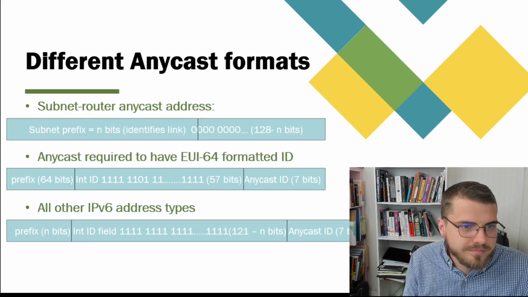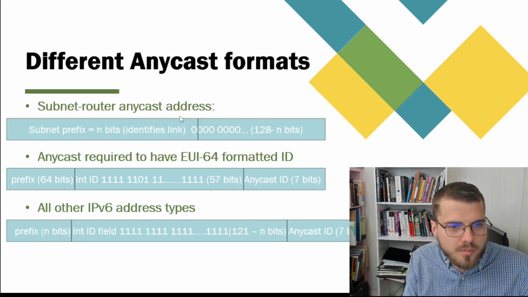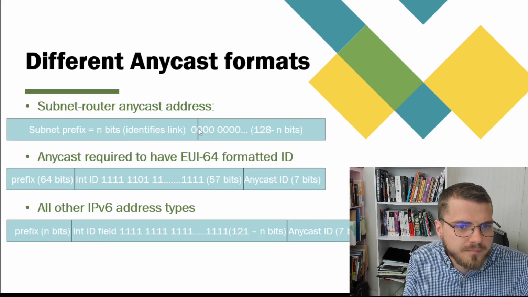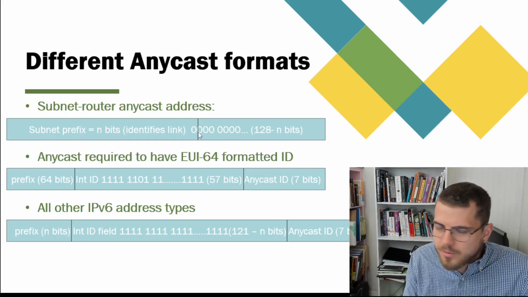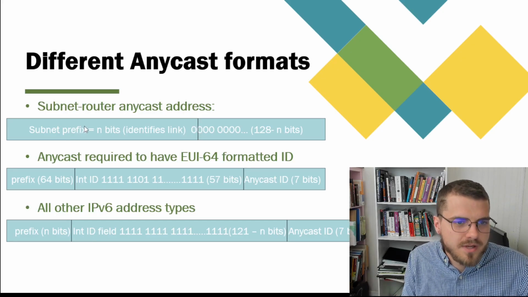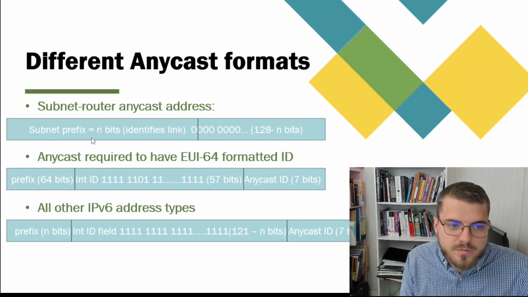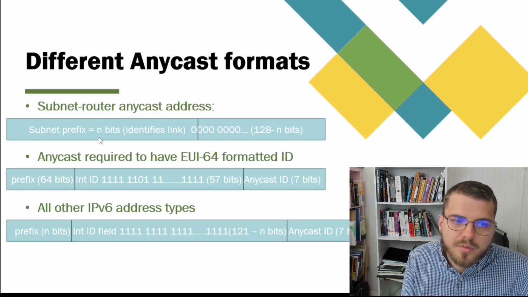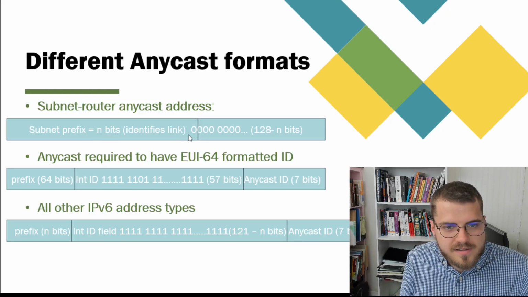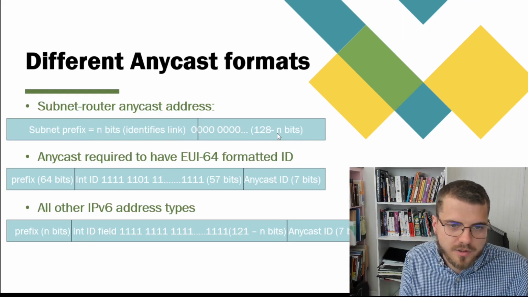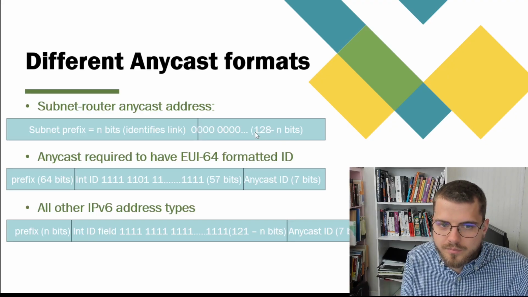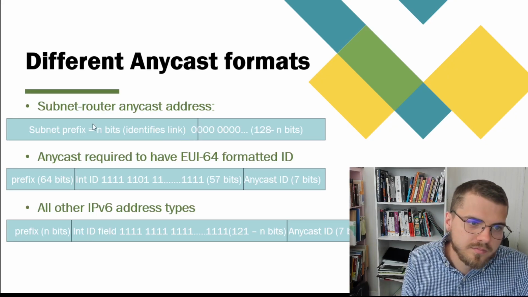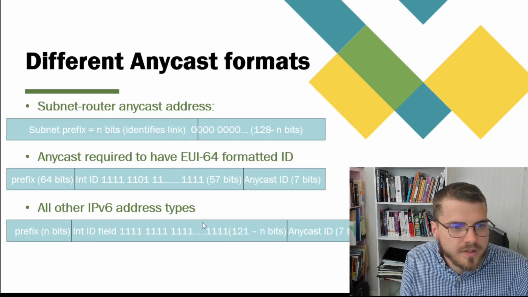Then there's some different Anycast formats. They're all pretty simple. I have this 0 divided wrong, but whatever. The subnet router Anycast address, you'll have the subnet prefix with it, which is n bits, like a variable, which identifies the link, and then the rest is just zeros. So 128 bits minus the subnet prefix.